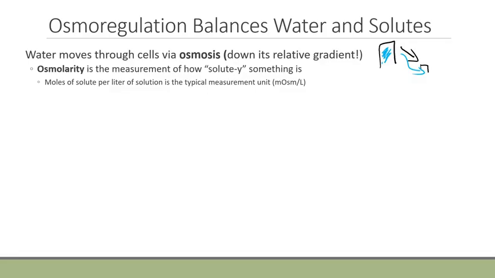What you'll typically see is the measurement of milliosmoles per liter. Since this is a measurement of something in a fluid, you always have to give it context for how much fluid is there. Milliosmoles is the most appropriate for a lot of the things we're going to look at.